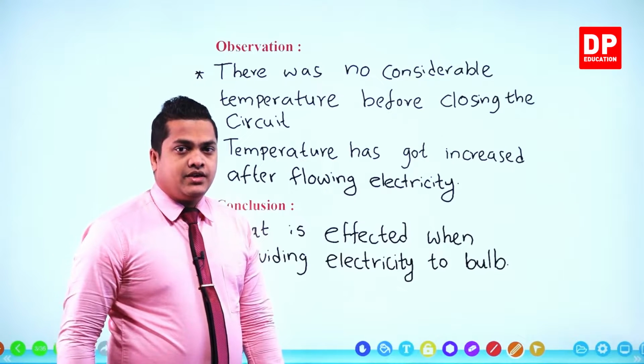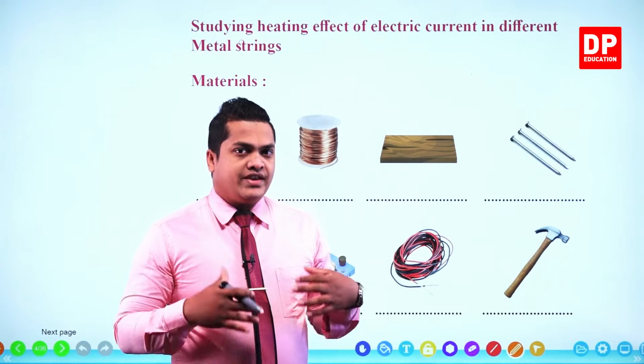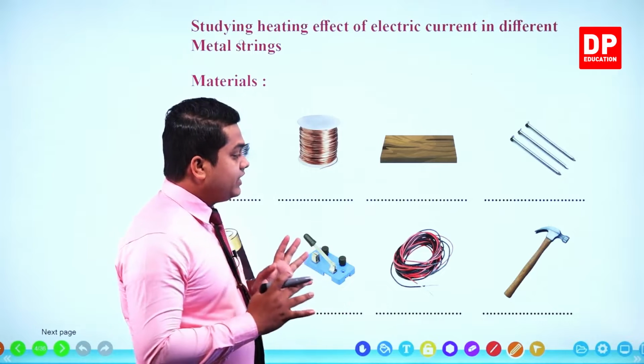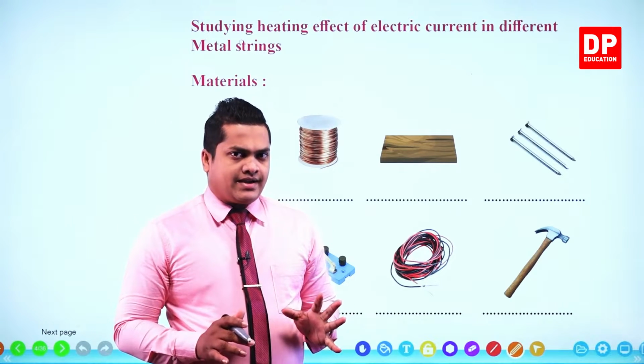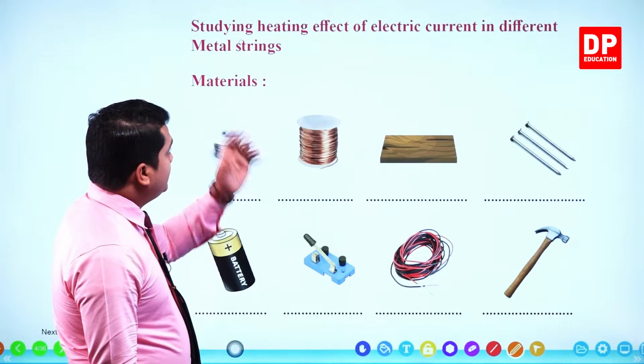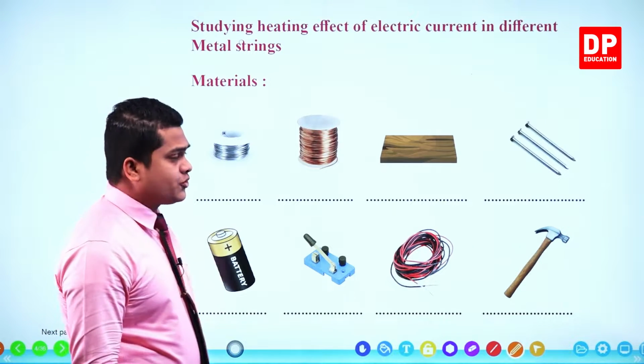Right, so let's see what are the other contents in our lesson. Now, I told you that there are different effects. So heat effect is the first one. Now, there is another activity given in here. Within this activity, we'll be investigating the heating effect of electric current in different metal strings.